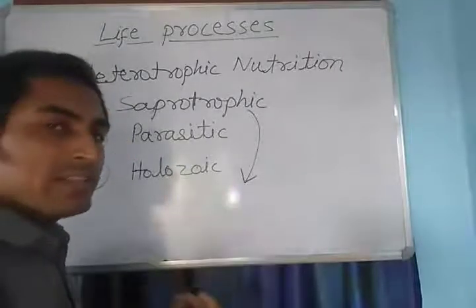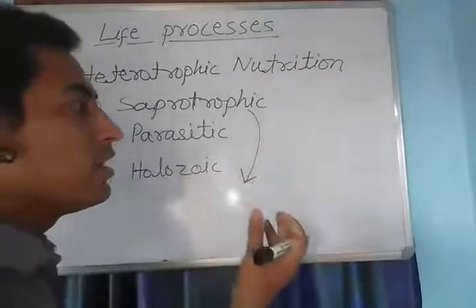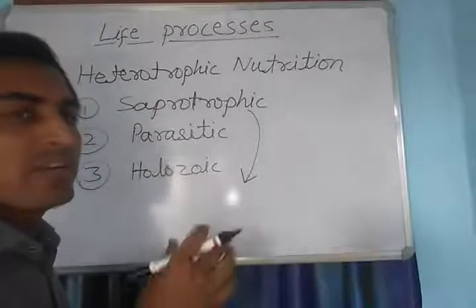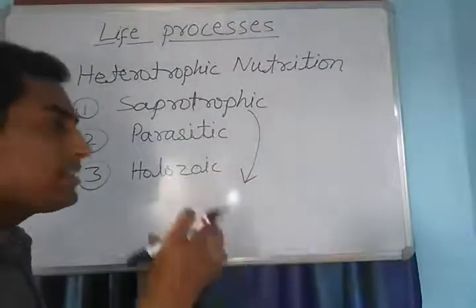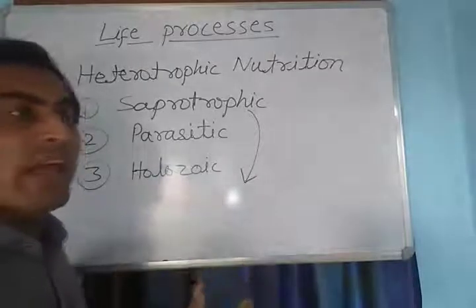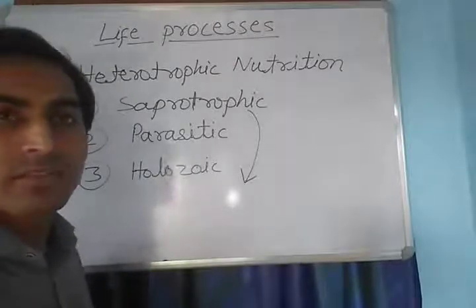First, it is digested outside the body and absorbed by the organism after digestion. In the digestion process, enzymes break down the material and convert it into simpler substances.